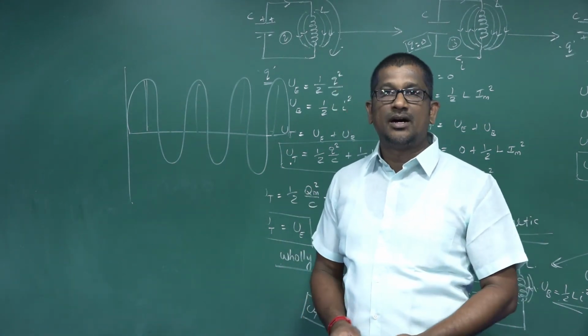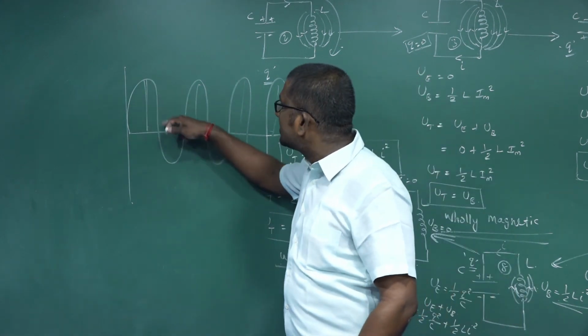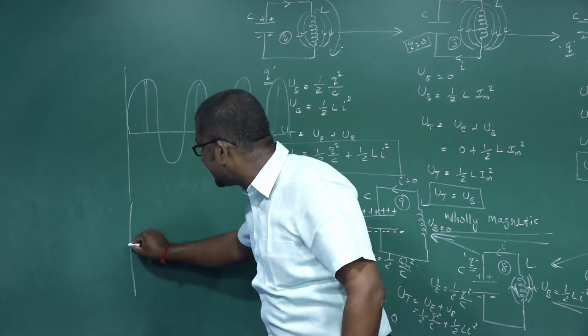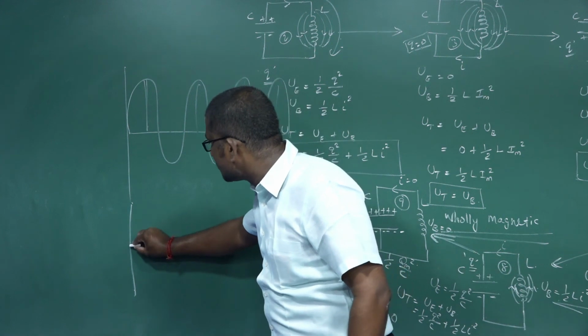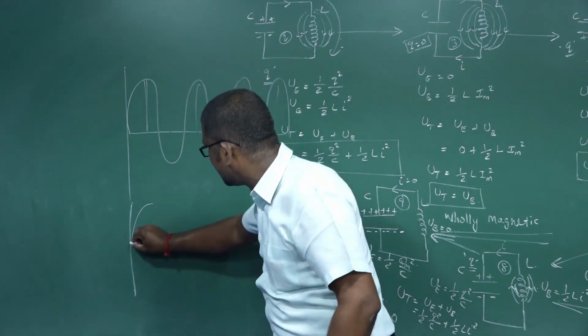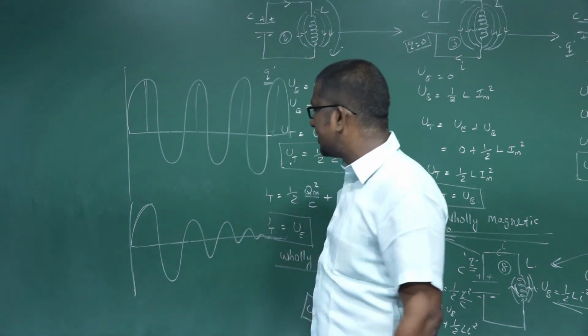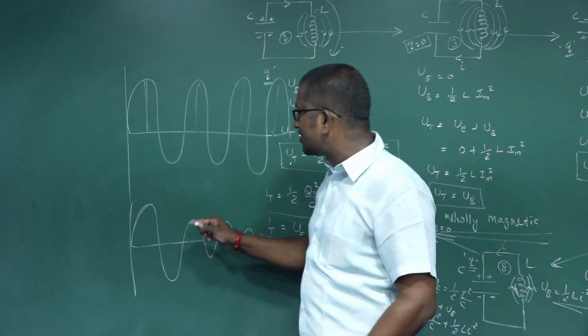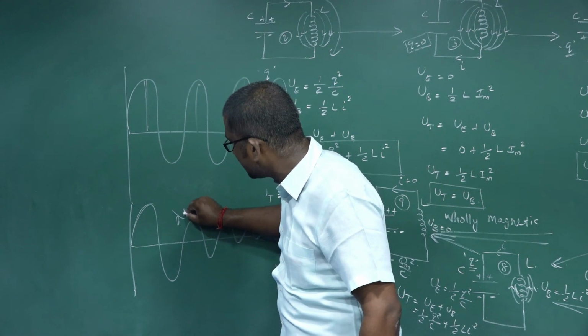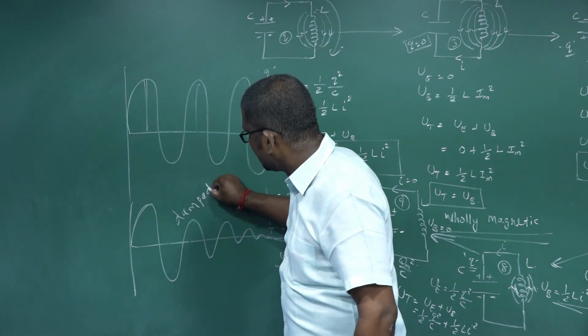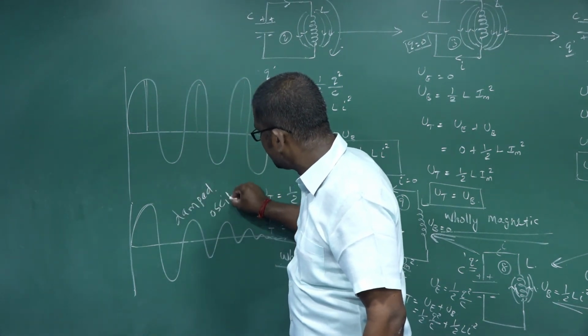Due to the energy loss, the amplitude of the oscillation gradually decreases and it becomes zero. Such oscillation is called damped oscillation.